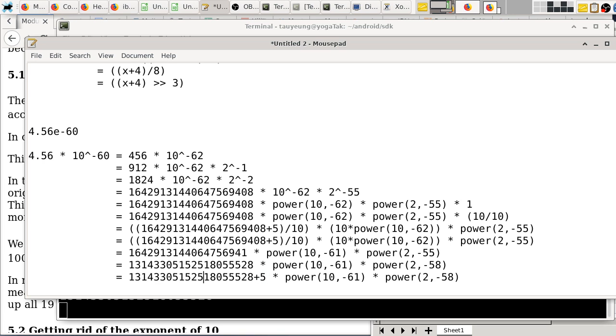Once again, the +5 first is for rounding purposes. It is always adding 1/2 of the denominator, which in this case is 10. But that division by 10 needs to be made up by increasing the power of 10, so the power of 10 is now going to go from -61 to -60.